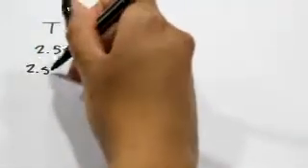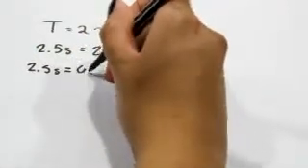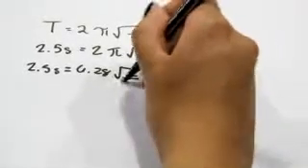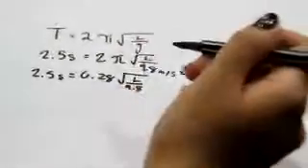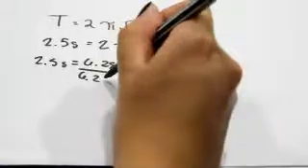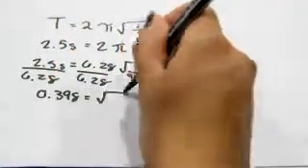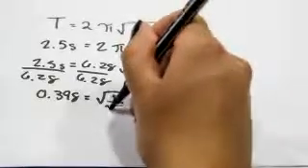So 2.5 seconds equals 6.28 times the square root of L over 9.8. So we have to isolate the square root first. So we divide 6.28 on both sides. And we have 0.398 equals the square root of L over 9.8.